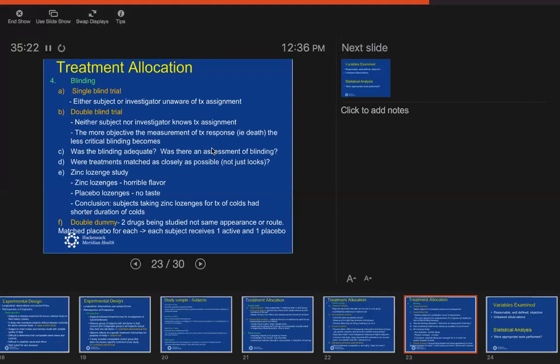In one group, the subjects get the real medicine in a pill and a placebo by IV, and the other group gets the other. So it's not as though you can say, oh, the IV group did better than the pill group. You wouldn't know which you're getting. So they're matched so that it's a double dummy. There's a dummy, a placebo, that each person gets.